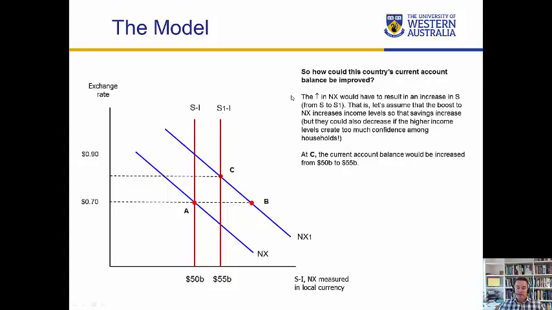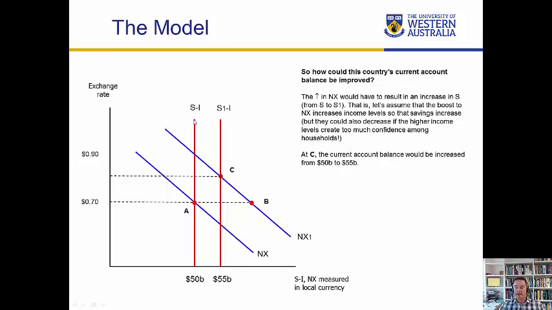It could be, however, and I've got this in brackets, the case that this surge in exports actually creates so much additional income and employment that people get so confident that their savings actually fall.